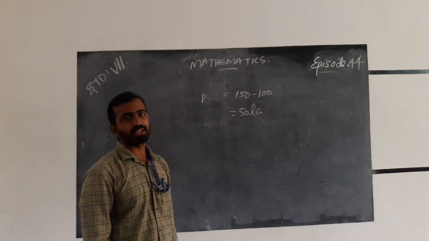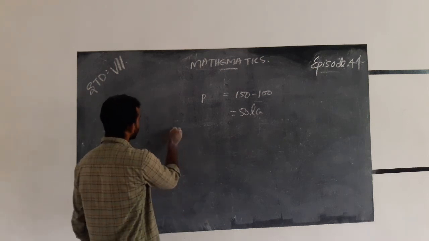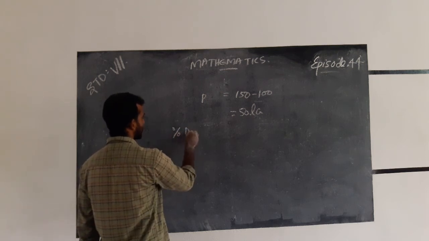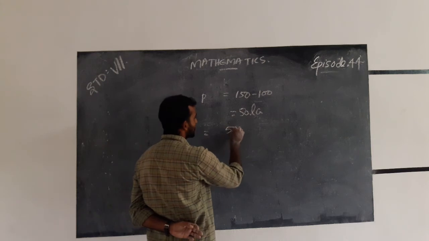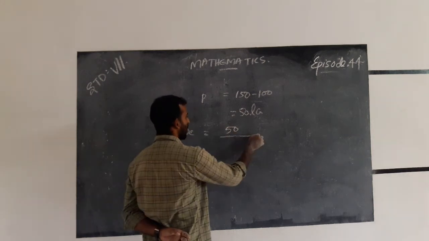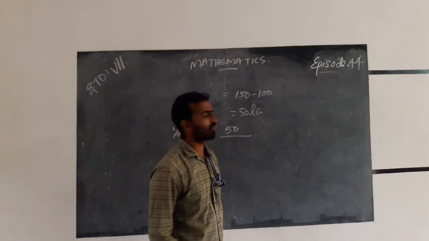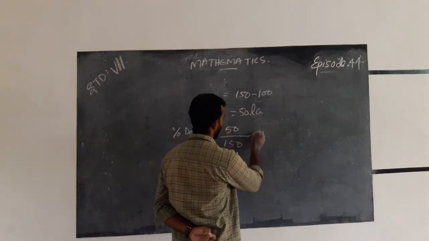The percentage of decrease is equal to the changing amount, 50 lakhs, divided by the original amount or base, 150, into 100.